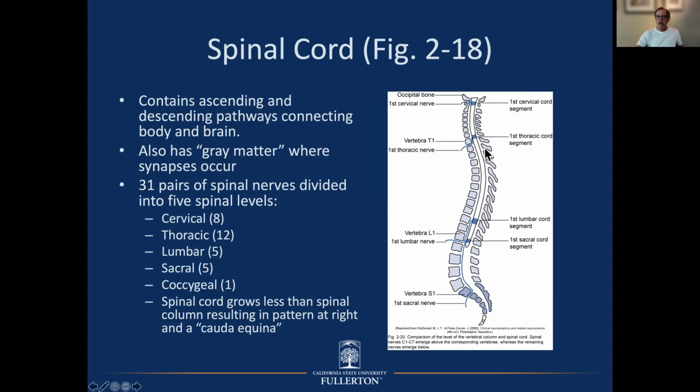Now, I want to show something about the relationship between the vertebrae, the column of vertebrae, which you're familiar with, the cervical, thoracic, lumbar, sacral, and coccygeal vertebrae, and the spinal cord. And you'll notice the spinal cord in an adult comes down not all the way. There is a canal here that it could go down in, but what happens, and if you look at an infant, it does come down all the way.